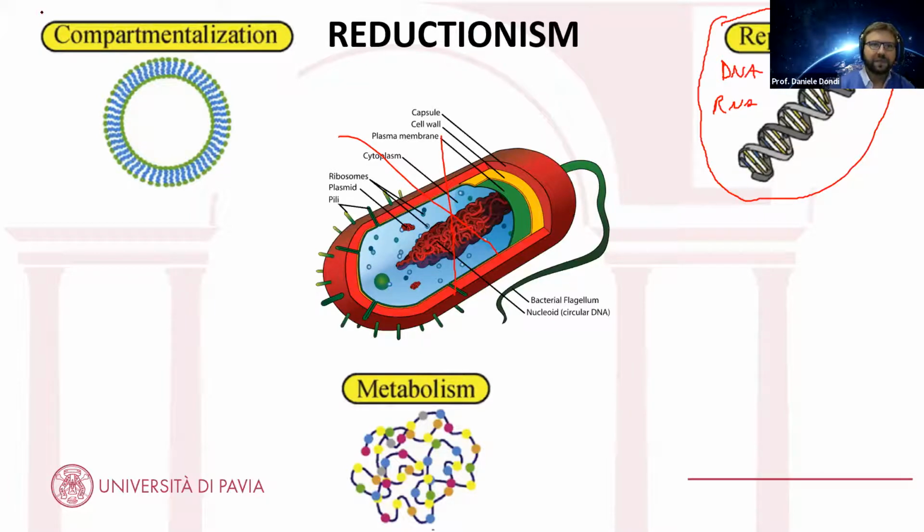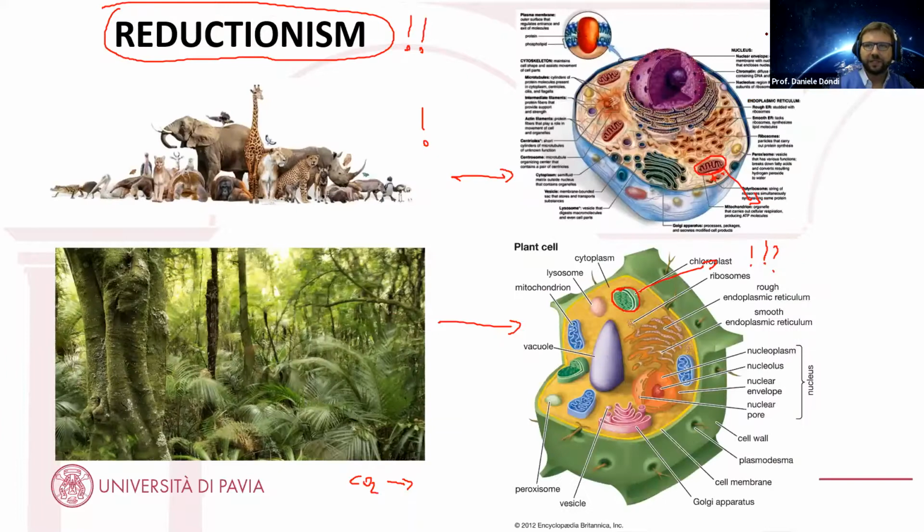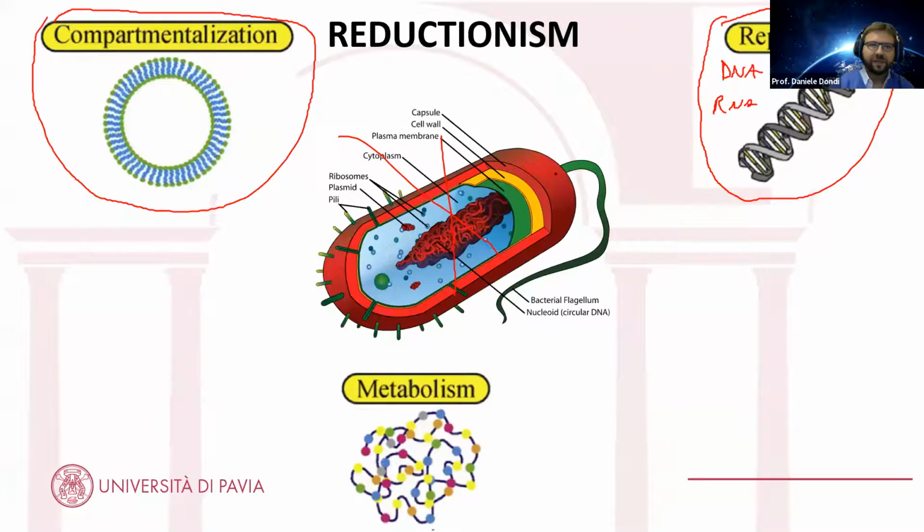Or you can think about compartmentalization. We never spoke about this, but if one organism is working, you have several different parts of the cell, separated from each other. You need some compartmentalization, because imagine that you want to make an oxidation reaction and a reduction reaction.